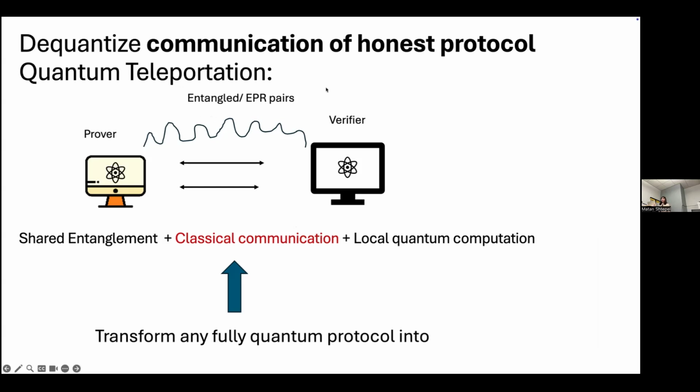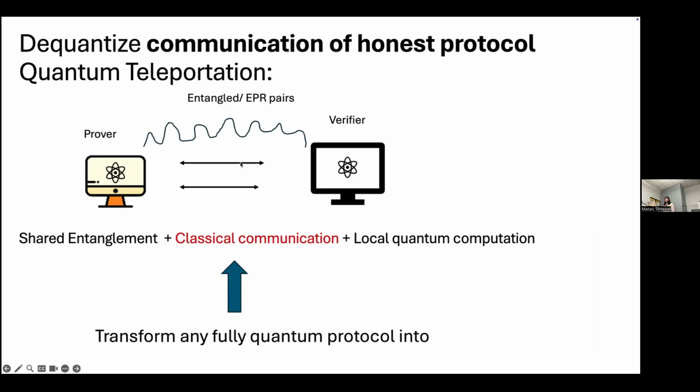Quantum teleportation says that if my prover and verifier, the honest parties, share some EPR pairs at the beginning of the protocol, then I can turn any fully quantum protocol into a protocol in this model where they use entanglement but only send each other classical messages.